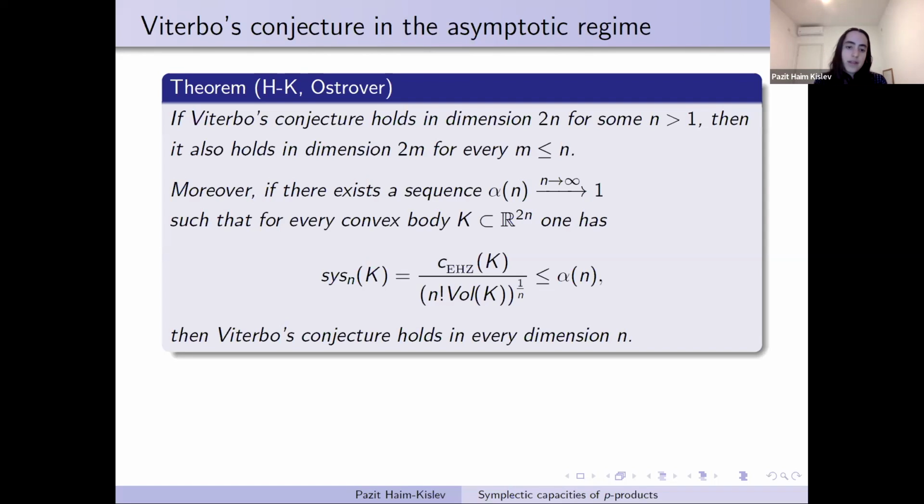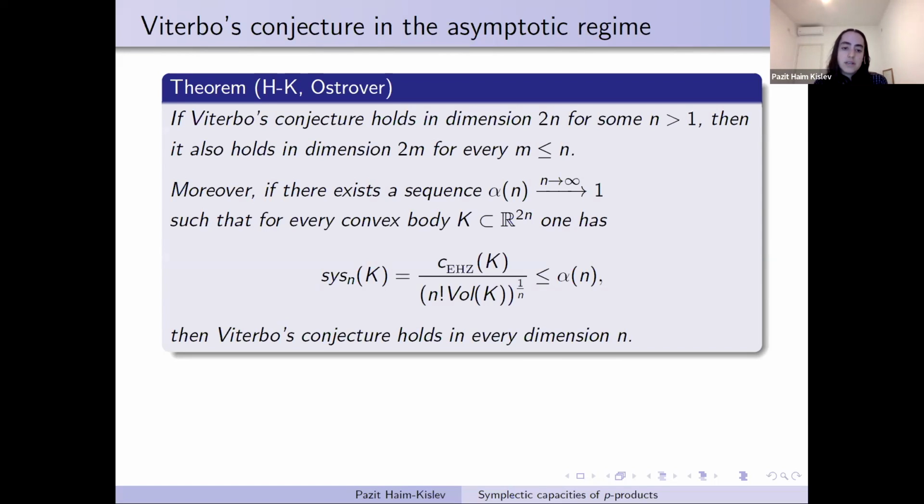And the way to try and approach this type of question is to start from some K and try to build from it some domain in higher dimension with a bigger systolic ratio.